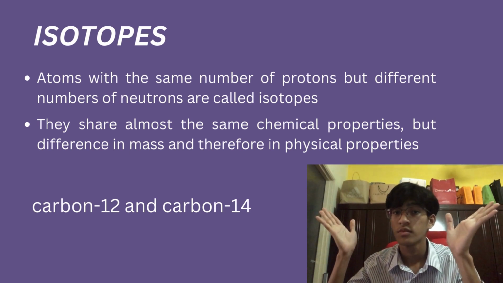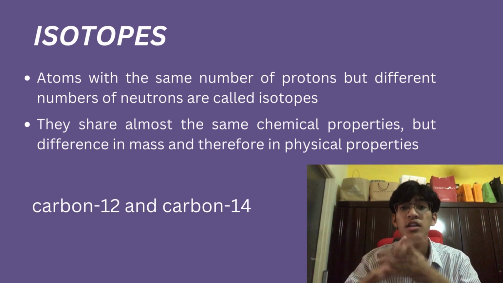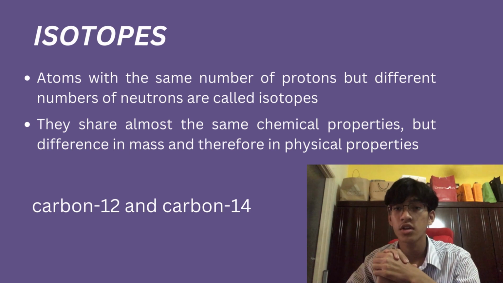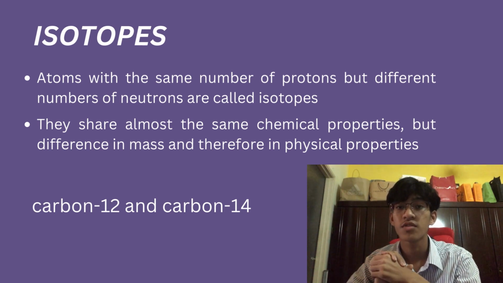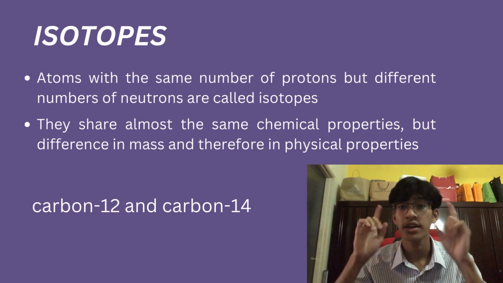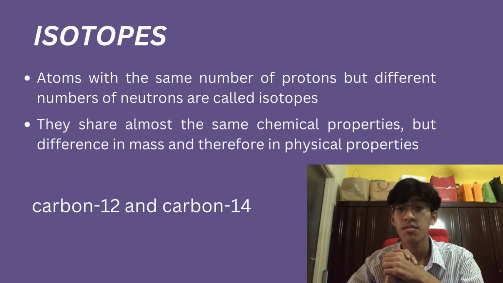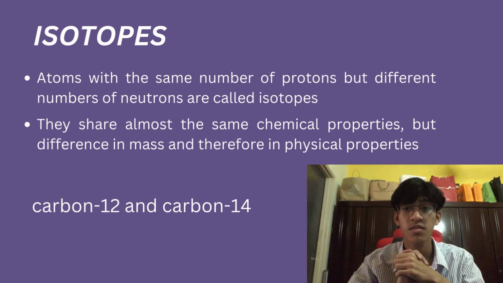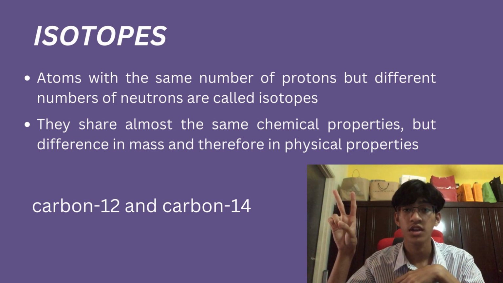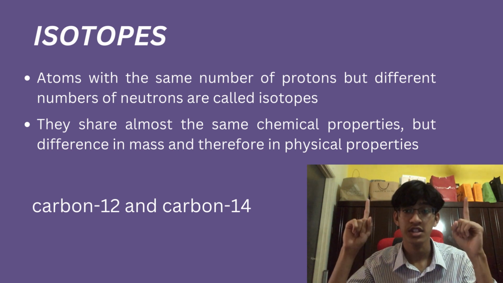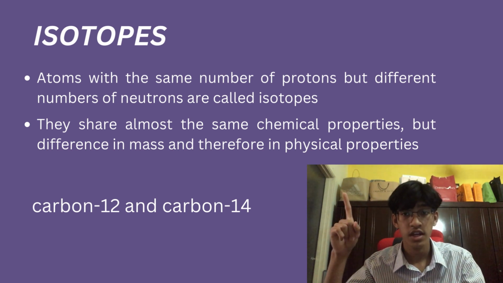Isotope. What is isotope? Atoms with the same number of protons but different numbers of neutrons are called isotopes. They share almost the same chemical properties but differ in mass and therefore in physical properties. So there are two examples of carbon that I have inserted in my slide, which are carbon 12 and carbon 14.